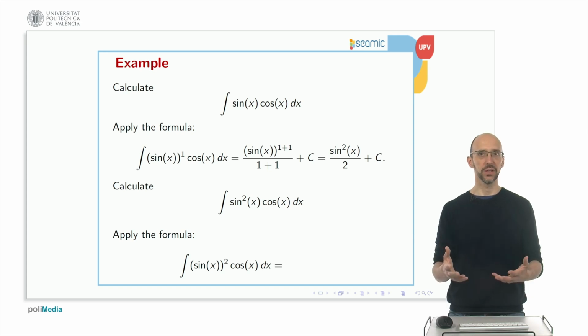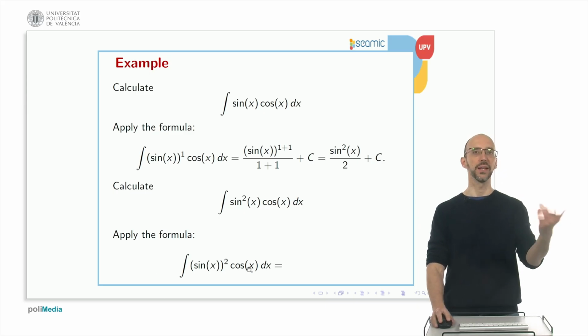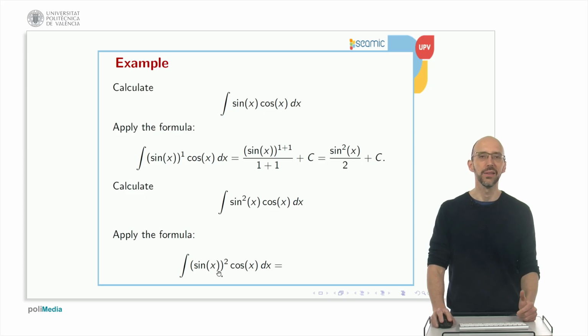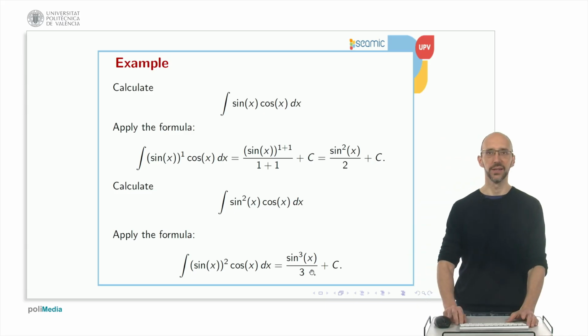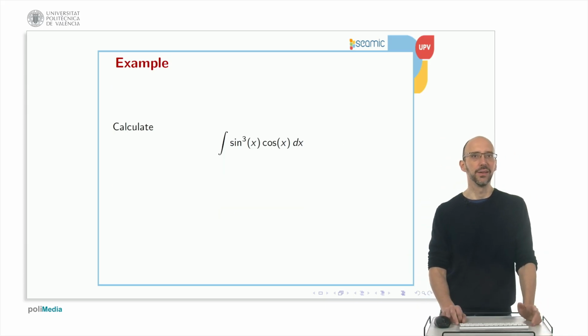And you need to ask yourself, is the derivative of sine outside? Yes, because the derivative of sine is cosine. Perfect. So I got everything I need. I'm going to apply the formula, and the formula tells me that this is the function power, the exponent I had plus 1 divided by this same number. Okay, so this is sine cube divided by 3. So piece of cake. I hope you find this easy.